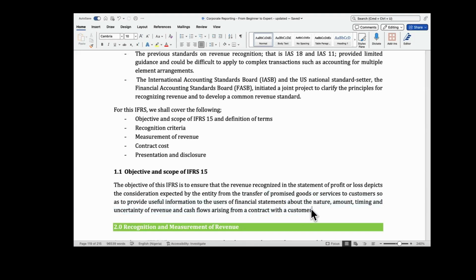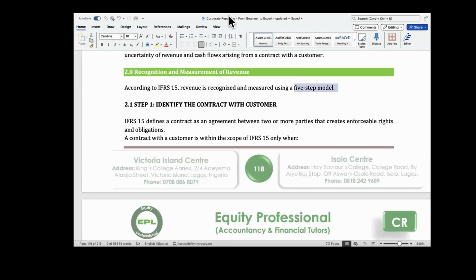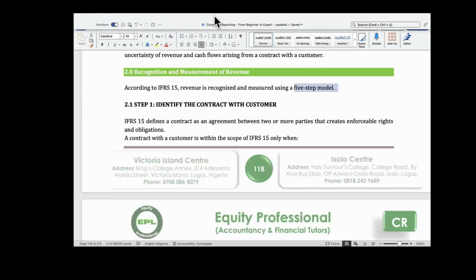So we'll be able to know the nature, what type of revenue you're talking about, the amount, timing, and all of that. That's the objective, so have that in mind. Then how do you recognize and measure revenue? There is a 5-step model towards recognition of revenue.